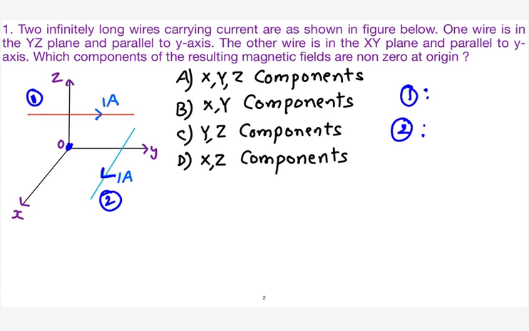So first you tell me the magnetic field due to the first wire. All of you, start with your right hand and make sure that your right hand thumb is parallel to the y-axis. So what is the circular movement of all other fingers when it is coming towards the origin? Is it into the paper or outside the paper?